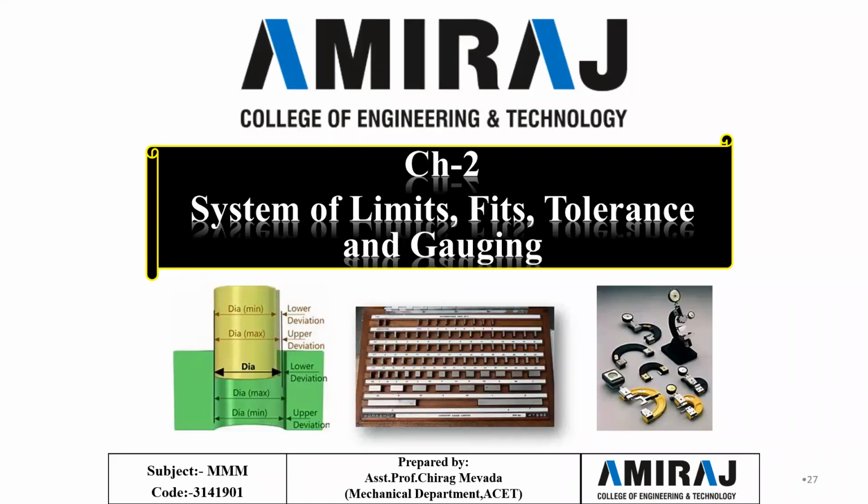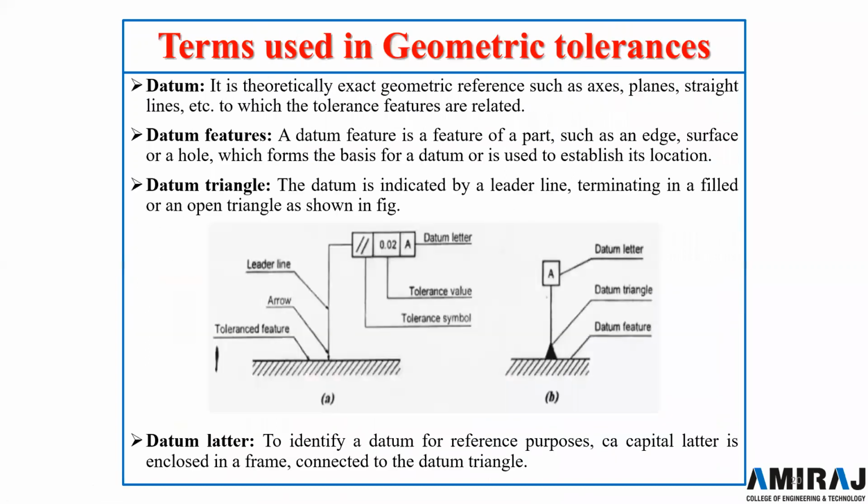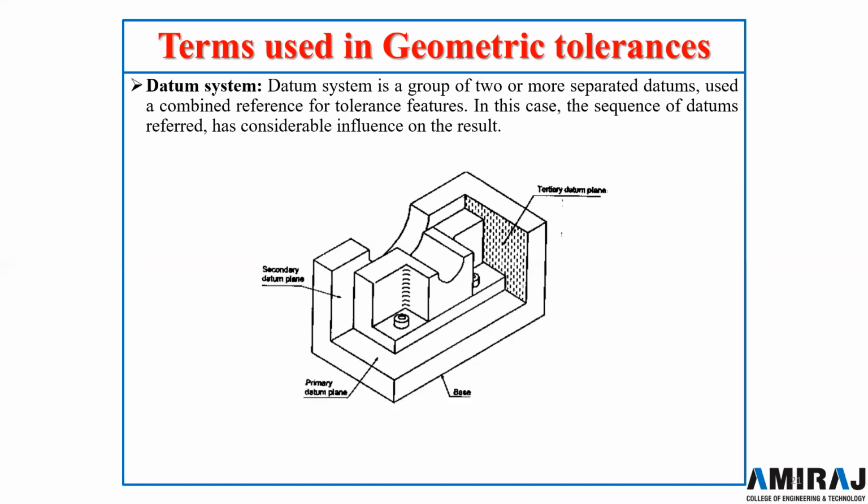Hello everyone, welcome back. In the previous lecture, I explained about the geometric tolerances. Let us recall about it. So, about the geometric tolerances and the terms used in geometric tolerances: datum feature, triangle, letter, and datum system.